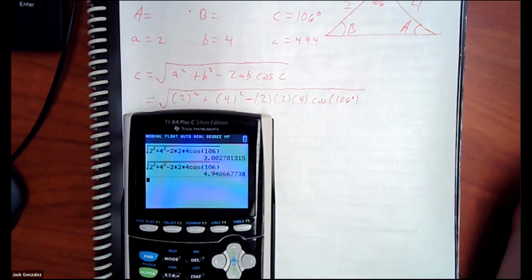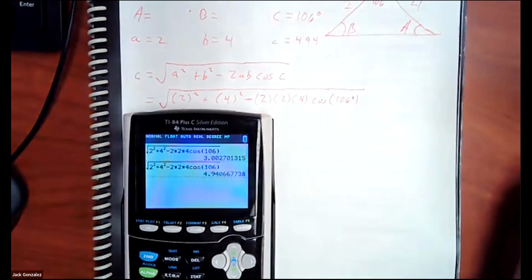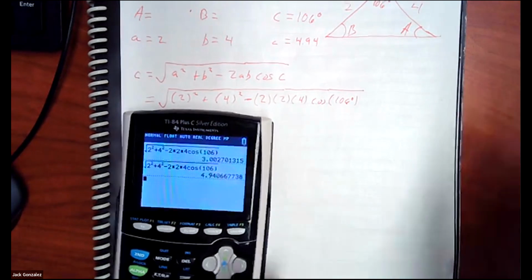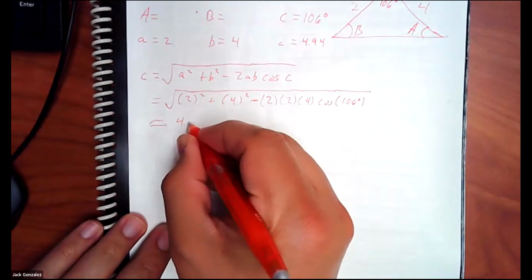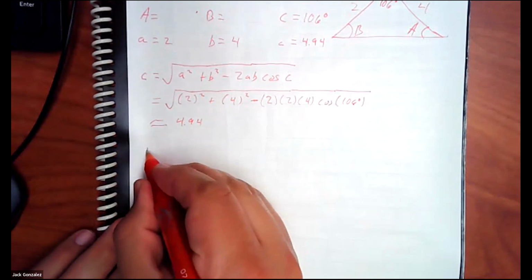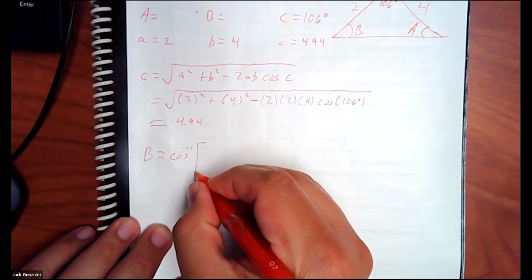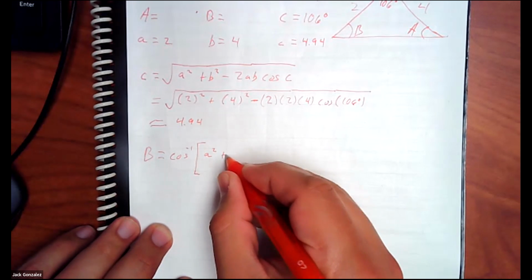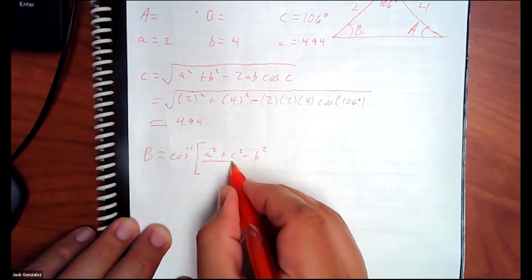So now I have all 3 sides. You could do law of sines at this point to find capital A and B. Or you can just use law of cosines again. Since we're using a new technique, let's go ahead and use law of cosines. So capital B will be equal to cosine inverse of a squared plus c squared minus b squared over 2ac.